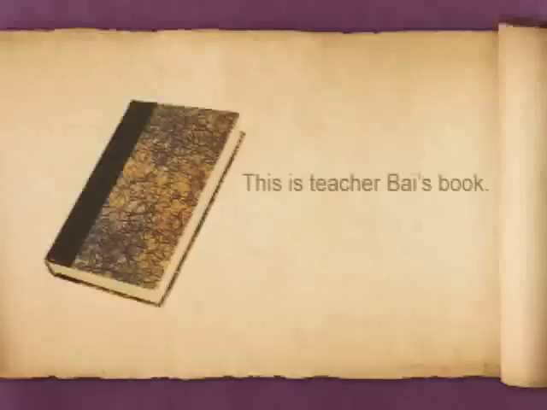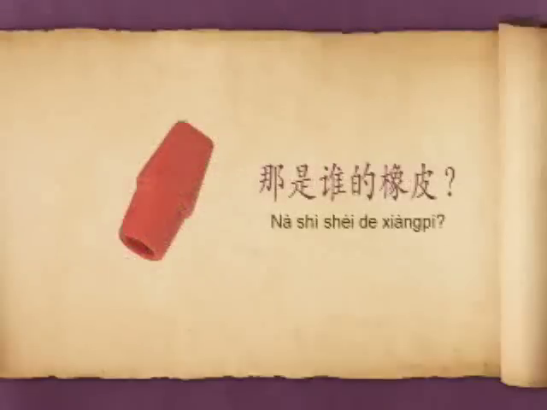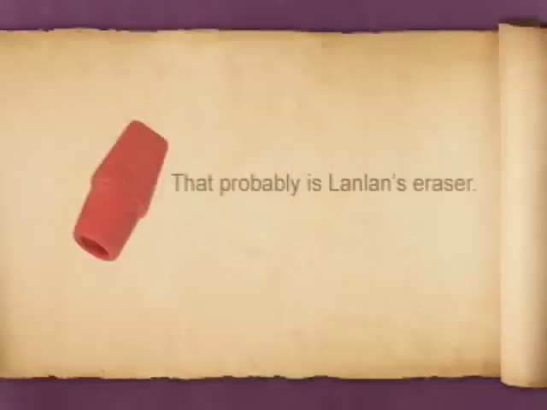The third question was, 那是谁的橡皮？Whose eraser is that? The answer in English is, that probably is Lan Lan's eraser. If you said, that is probably Lan Lan's eraser, you're also correct. Give yourself a point for the correct answer.